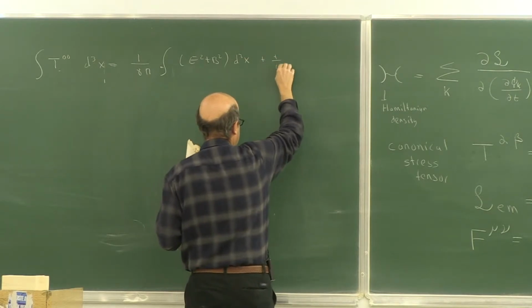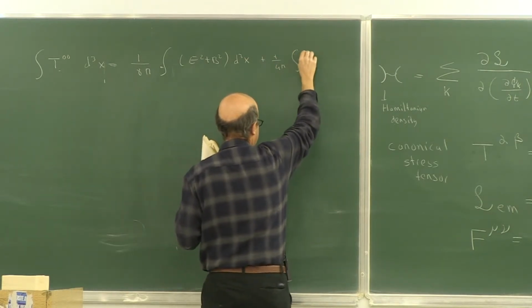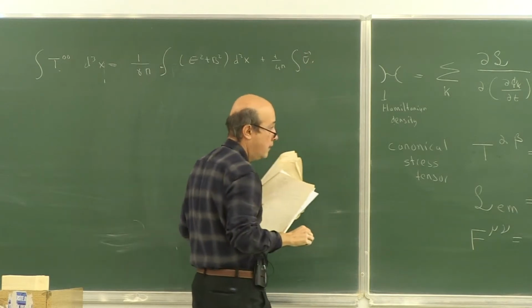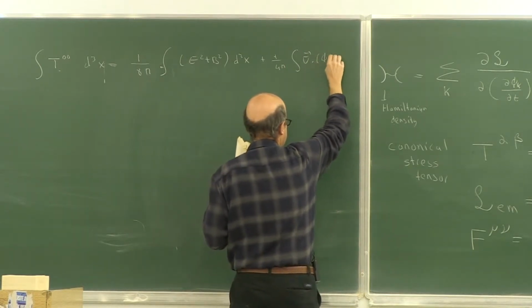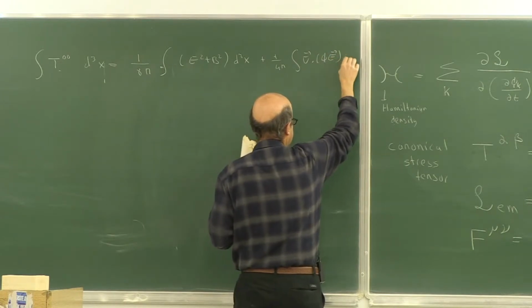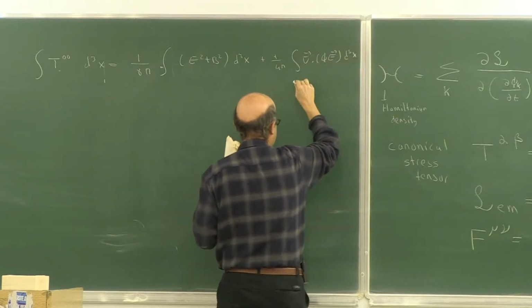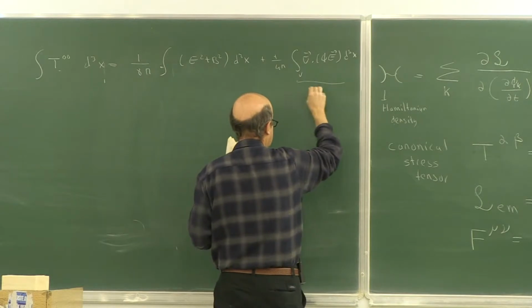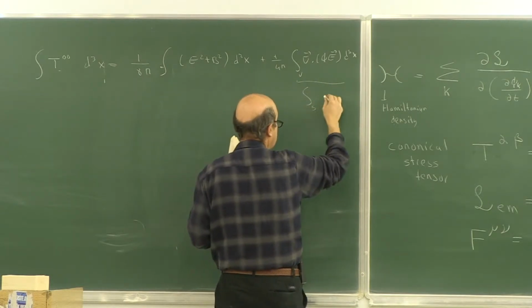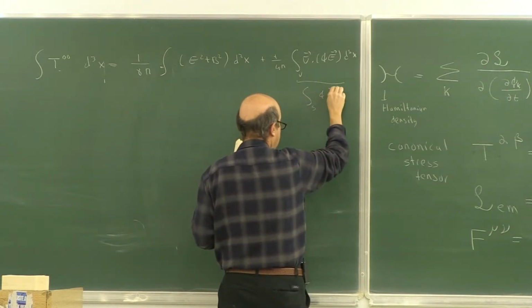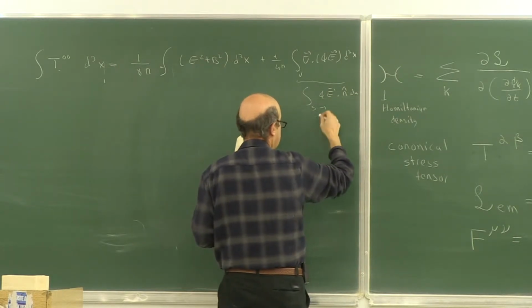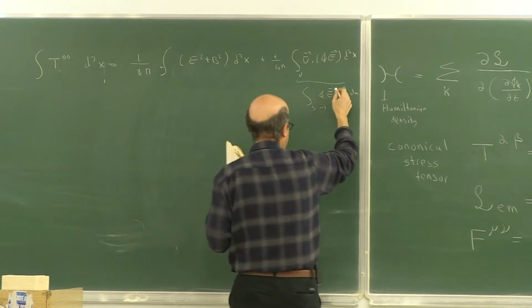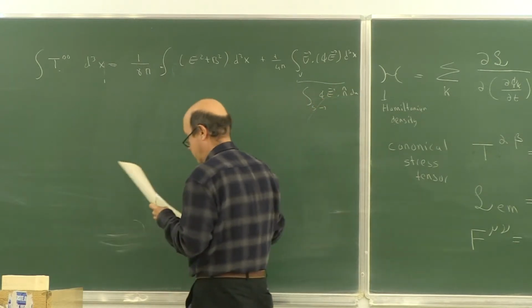1 over 4 pi divergence of scalar potential times the electric field. From the divergence, this is a volume integral, this goes to the surface integral. And when the surface is large, this all vanishes and that is 0, it has no contribution.